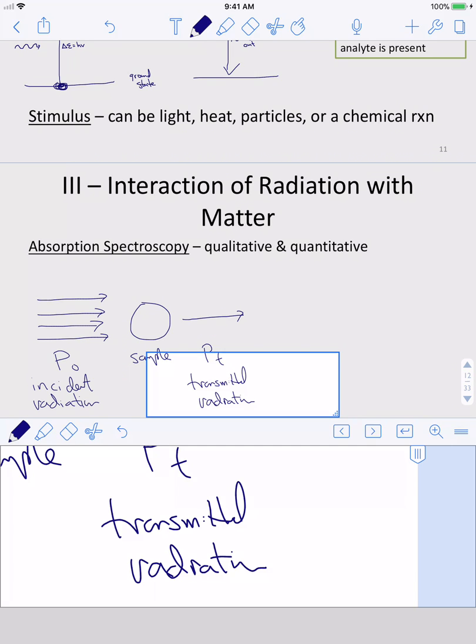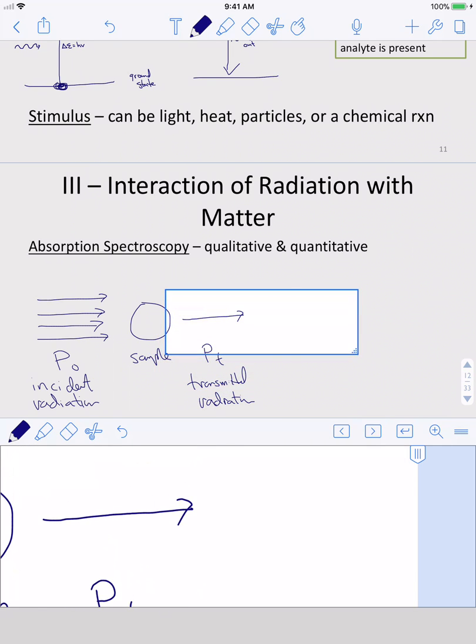Okay, and so some light is absorbed, and then we go on to a detector. Detector here, which then looks at the amount of light that is incident light and the amount of light that is transmitted light, and then can tell how much sample is there based on a calibration.